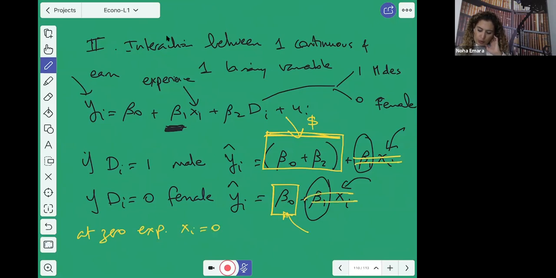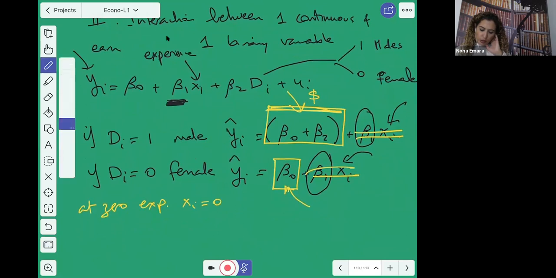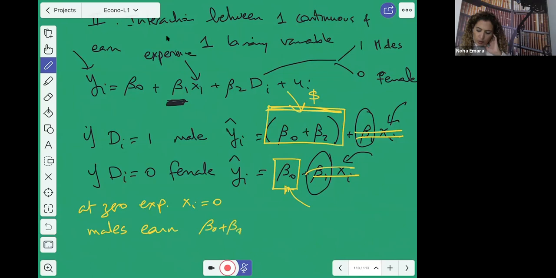I'm left with just the intercept, and this is the definition of an intercept. So at experience 0, males earn beta naught plus beta 2 dollars, and females earn on average, remember everything is on average, right? Beta naught dollars.